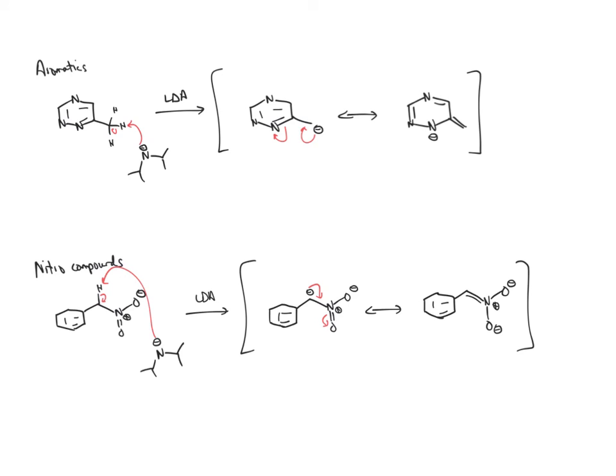Okay, so we know how to now make these enolates. Once formed, these enolates can react with a broad range of electrophiles. And so really the rest of the section of this course deals with the reactions of these enolates with various functional groups. Right, so we're just going to have an overview slide here.